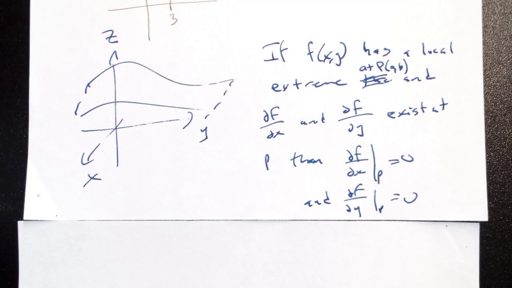So this means that when I have maximums and minimums, I can find them where the derivative is 0. But that wasn't always true in Calc 1. There was another option. What was our other option in Calc 1? It could be a maximum, it could be a minimum, or it's not an extreme at all.